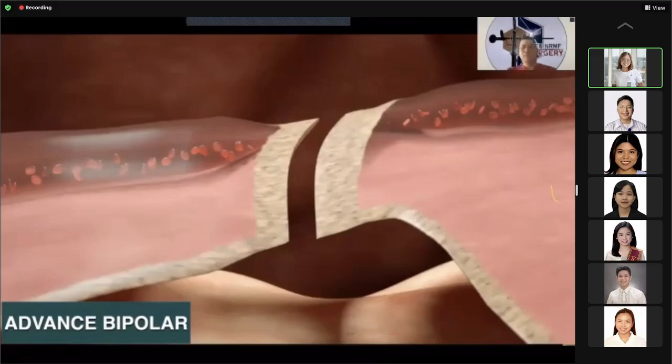Okay, so that is the advanced bipolar system, which is now being used to coagulate vessels.